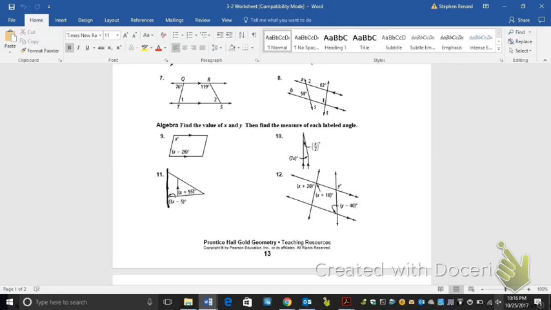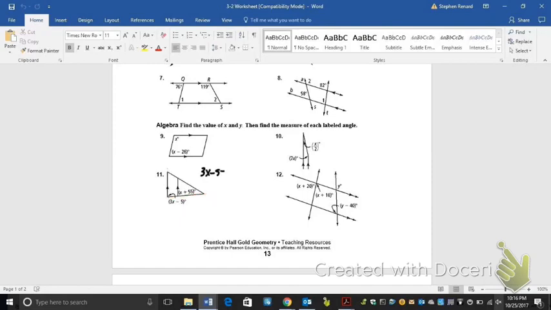number 11, and again, we have the two parallel lines right there, and that's our transversal. That diagonal line is completely irrelevant. So we're going to look at those angles and go, okay, what is the angle pair here? We know that 3x minus 5 and that x plus 55, those are going to be corresponding.